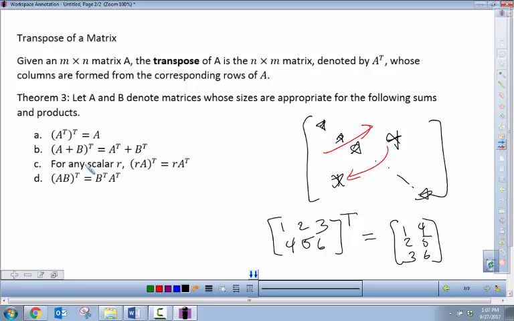Remember that matrix multiplication is not commutative, so whenever you see a switch of factors that you're multiplying, you have to take note of that, because saying B transpose times A transpose is different from saying A transpose times B transpose. That would work if they commute, but in general, matrix multiplication is not commutative, so we have to make sure that it is going to work out. So we should maybe try to do an example.